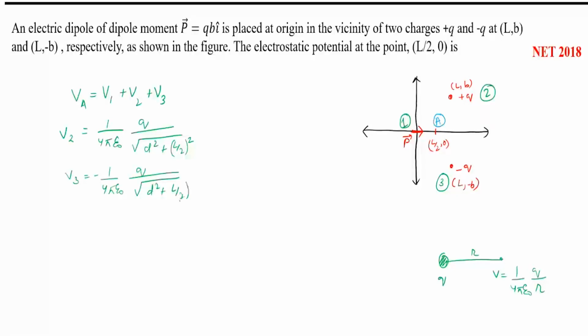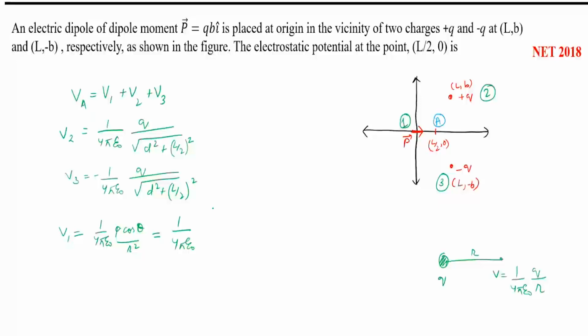Okay, so we have got V2 and V3. We are left with V1. You know the formula, right? We just used it in our previous question: 1 by 4 pi epsilon naught, P cos theta by R square. So you substitute now. What is P here, the magnitude of P?